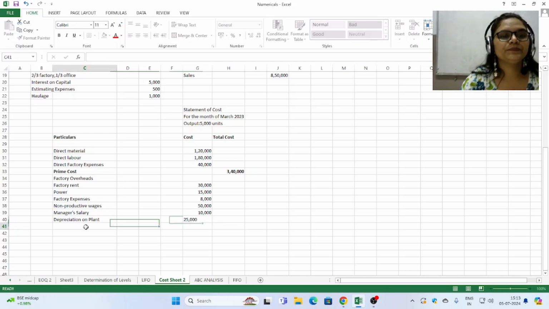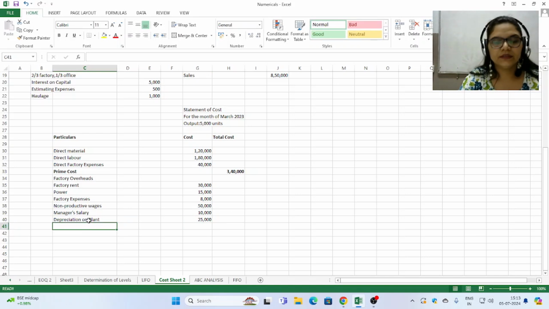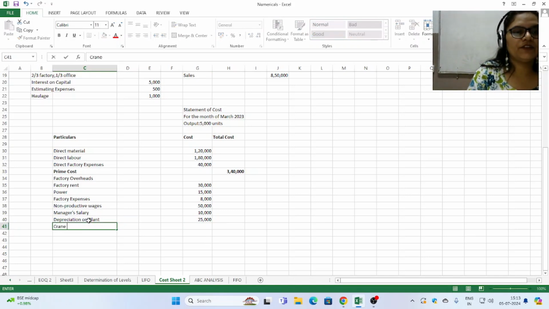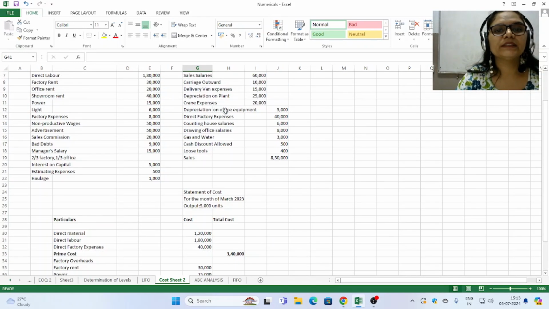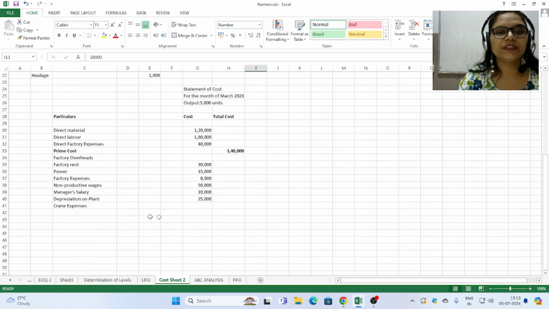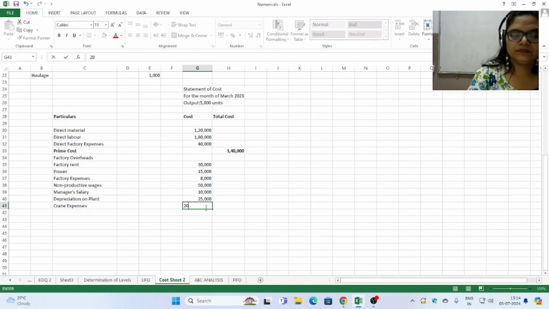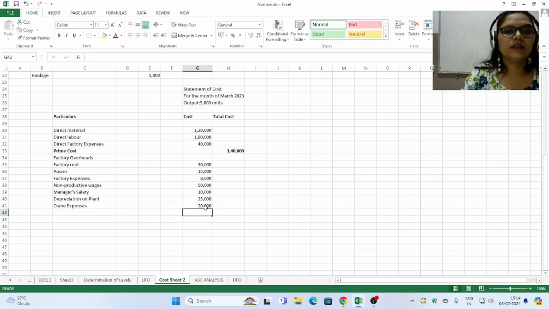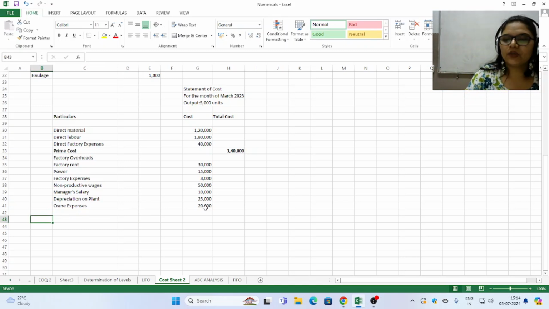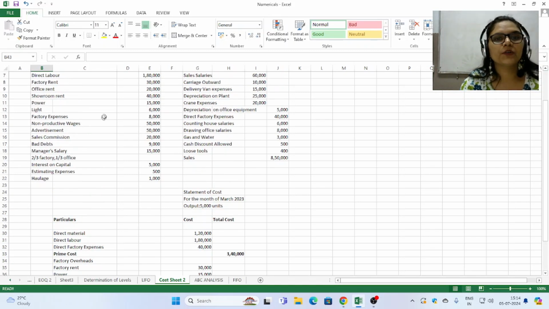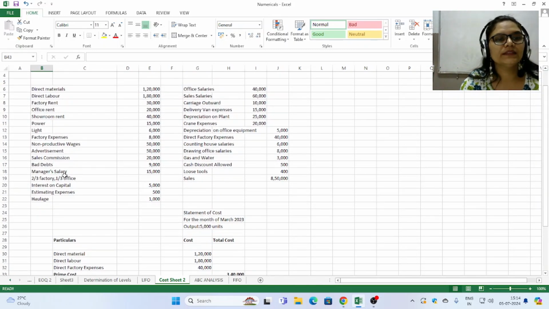Next is your crane expenses. Crane, you already know, is a part of your factory premises. So any expenses related to crane will be recorded in your factory expenses. Crane expenses are rupees 20,000. Next, after crane expenses, we have gas and water. What expenses could be a part of your factory premises?